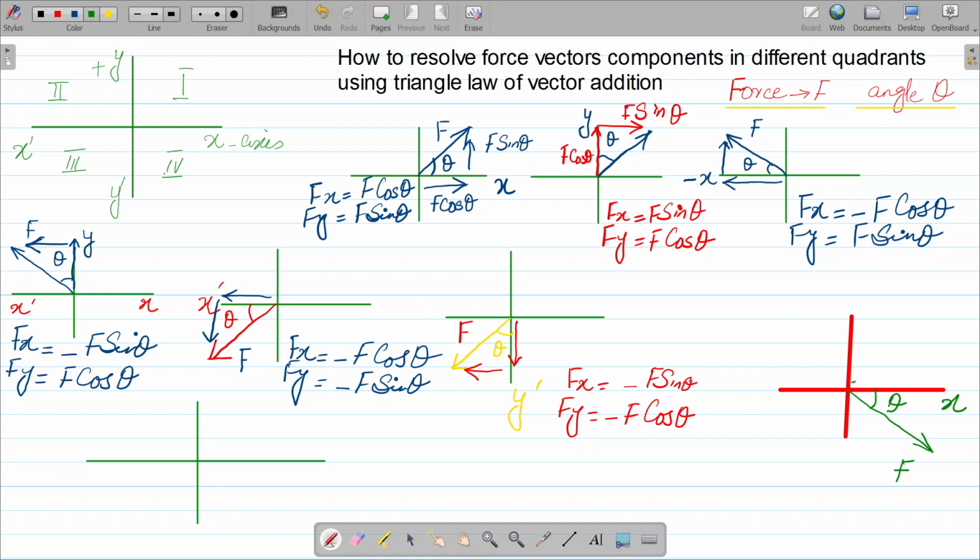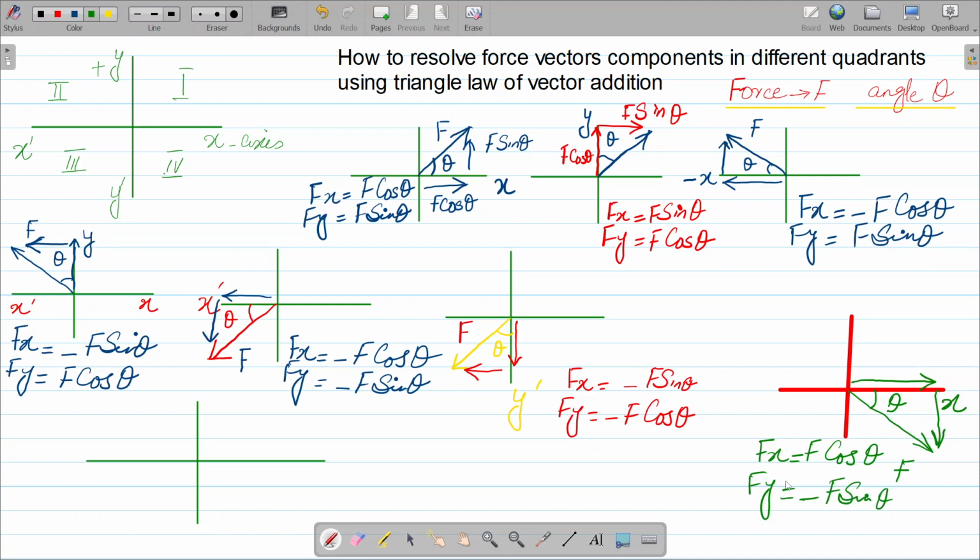One component will be taken and resolved like this, and the other component using the triangular law of addition will be something like this. So how will the components be written? For Fx it will be very simple, the same, F cos theta, and for Fy it will be minus F sin theta.